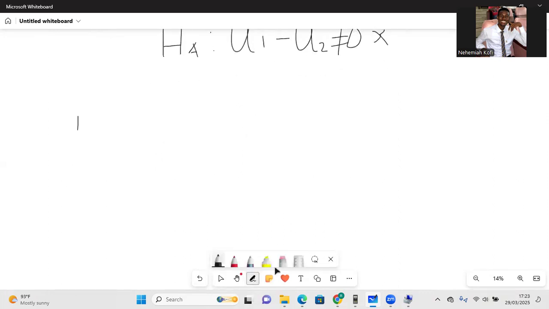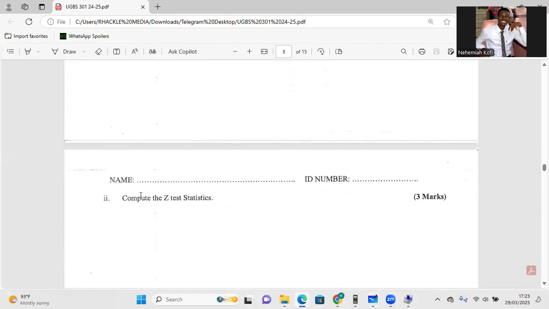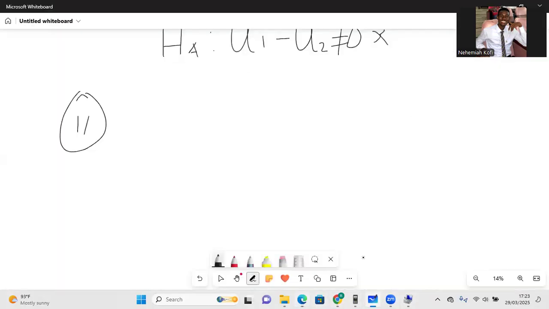Now let's go to what part II is saying. II is saying to compute the z-test statistic, right? So now this is the z-test, and the z-test has this formula.